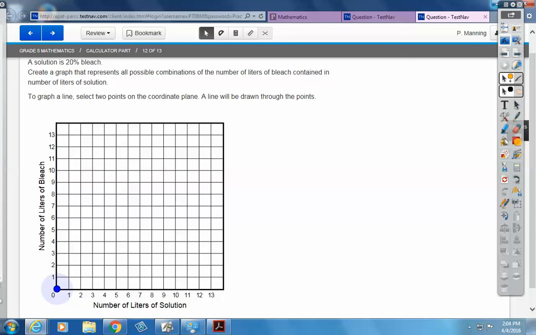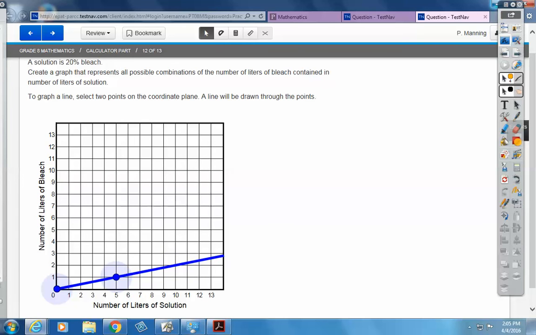Let's start with the easy ones, shall we? And then let's go with 10, because that's easy. If I have 10 liters of solution and 20%, well, 20% is 1/5. What's 1/5 of 10? 2. And there you go. It is that simple. Incidentally, you could have picked any point on this line and it would have been fine. It does not matter.